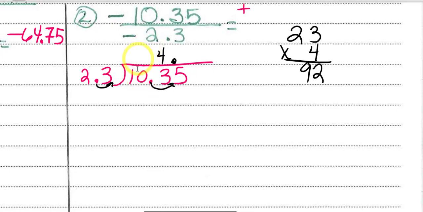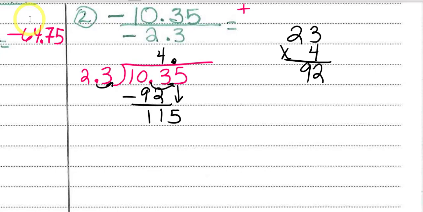If you write it over the 0, you say you're taking 23 out of 10 4 times, and that's not possible. So you want to make sure you're demonstrating that you're taking that 23 out of 103, the first 3 digits, and it comes out 4 times. 4 times 23 will give me a 92. Do your subtraction, and that's going to be a difference of 11, and bring down the 5.